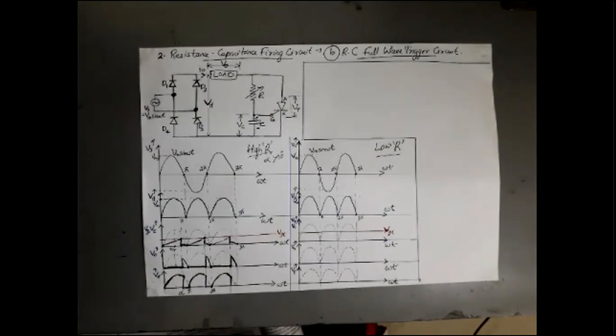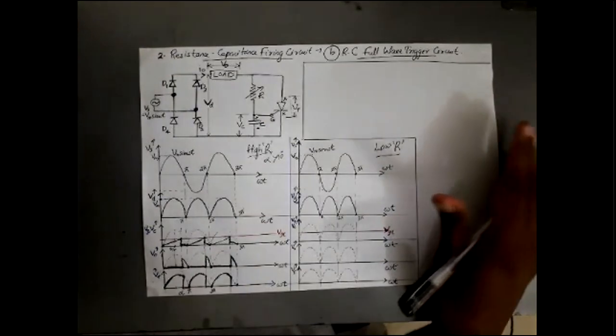Up to 2 pi plus alpha, my thyristor was not conducting, so Vt will take the path of Vd. Then at 2 pi plus alpha, my thyristor conducts. So again, thyristor voltage suddenly reduces to zero because thyristor acts as a closed switch there. So voltage across the closed switch is zero, and it continues up to 3 pi. And this process repeats. Hope it is clear for you.